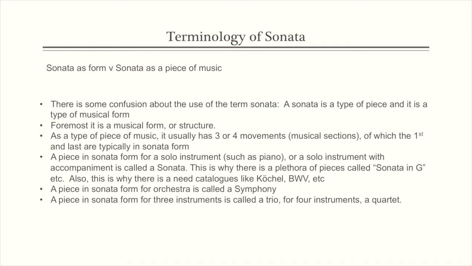And we also have sonatas for small groups of instruments like trios or quartets, and they follow the same idea: a big piece of music with 3 or 4 movements, with the first and last movement typically in sonata form.